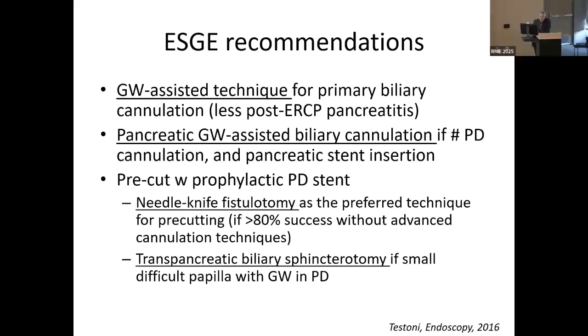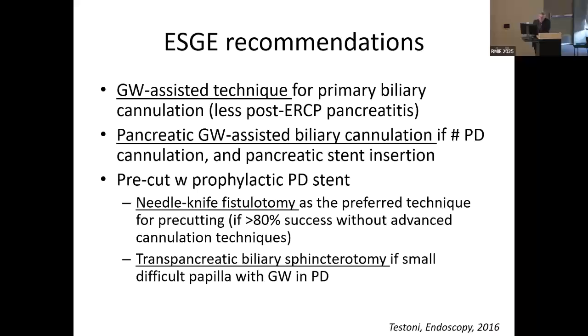Guide wire assisted technique for primary biliary cannulation is recommended, for the reasons I've mentioned to you. Pancreatic guide wire assisted biliary cannulation, if multiple PD cannulation has been done, is recommended with prophylactic pancreatic stent insertion. Precut with prophylactic PD stent can be done. They recommended needle knife fistulotomy as the approach, but it should be done only by someone who has at least an 80% success rate in cannulation.